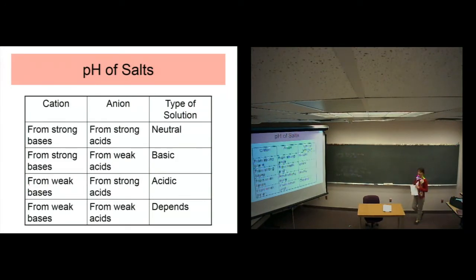So let's see, ammonium. Okay, so we're looking at the cation here. That we can tell is not one of our strong ones. So it's going to make the solution acidic. Okay, so the ammonium is going to make the solution acidic. And how is it going to make the solution acidic?